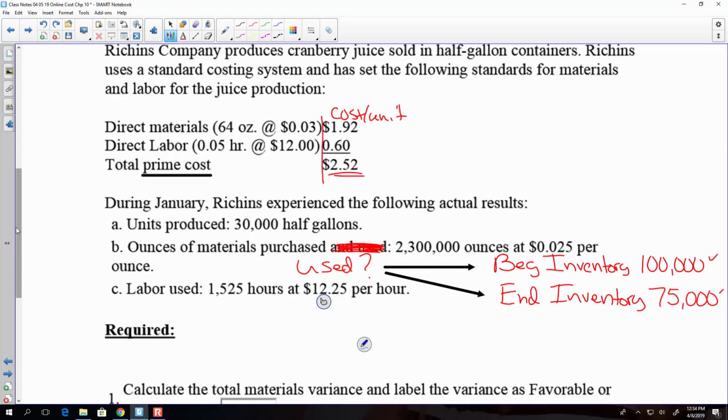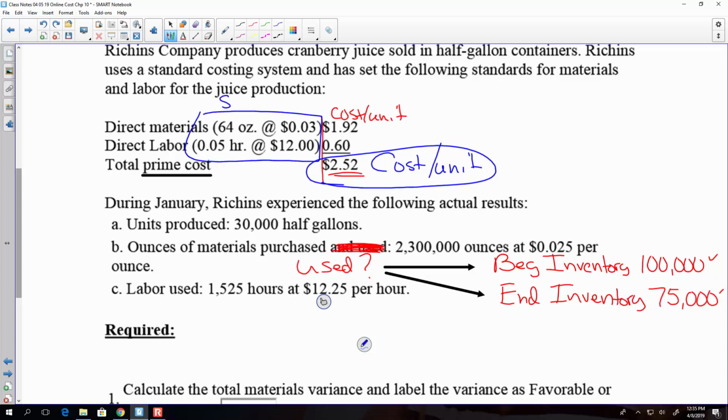So my cost per unit is 60 cents. $2.52 is my prime cost per unit. So I'm just kind of looking at not only my unit cost here at $2.52, but I'm also concerned or need to use my standards, which are on the left side here for this particular company.